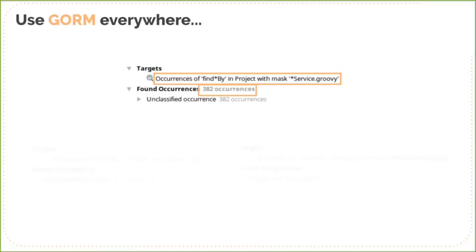So if they need to write something like User.findAllByLastName, they do it. And if I need it in another place in my application, the same dynamic finder, I write it again. So the problem is something like this. Here I'm looking for findBy and findAllBy in all the services in this specific project. And there were almost 400 occurrences.